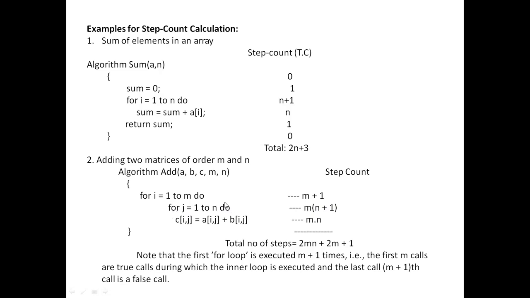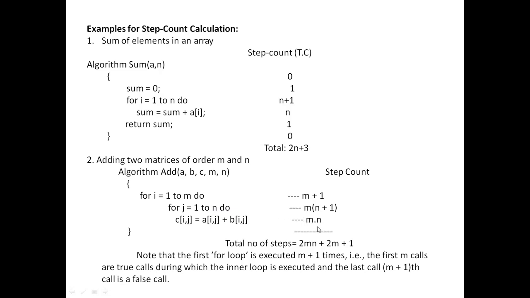And this j loop is executed m times. How many times? m times. When i is equal to m plus 1, this j loop is not executed. So the j loop is executed m times, and for the j loop, what is the step count? n plus 1. So it is m into n plus 1. Then this statement, C[i][j] equal to A[i][j] plus B[i][j], how many times is it executed? m into n times.